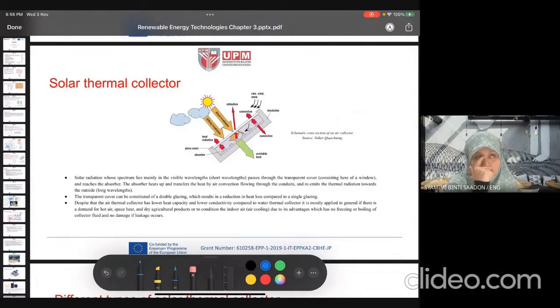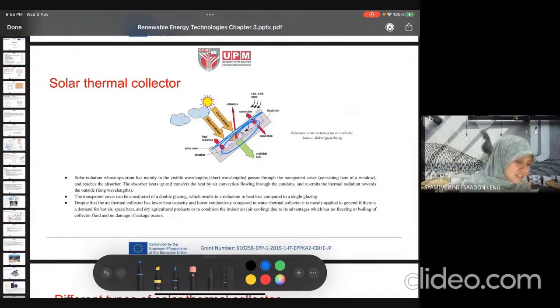It is like the double glazed house just now. The air inside the collector is like the air gap inside the double glaze. Here we have the glass cover, and of course the direct radiation from the sun. Some portion will be transmitted into the collector.